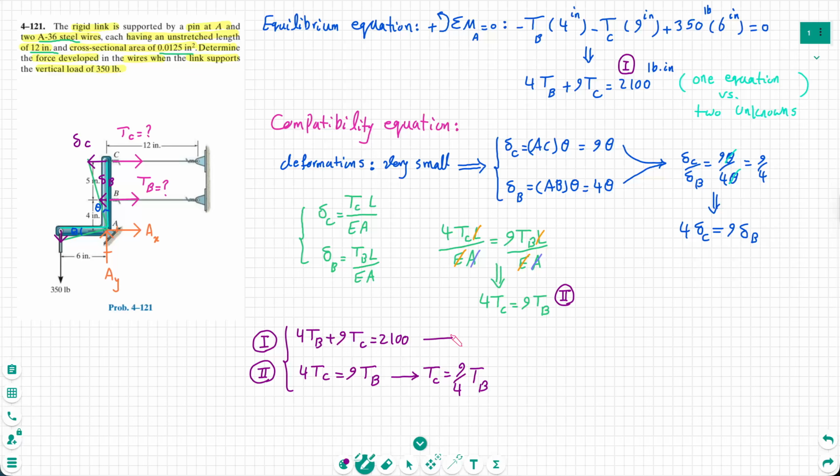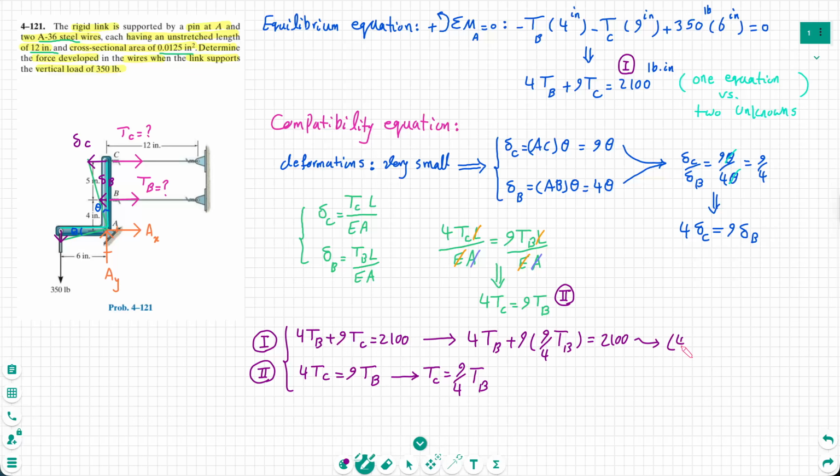So here I can replace TC with this value, I mean 9 over 4 TB, in 4TB plus 9TC equals 2100. To solve this, I can just factor out TB.